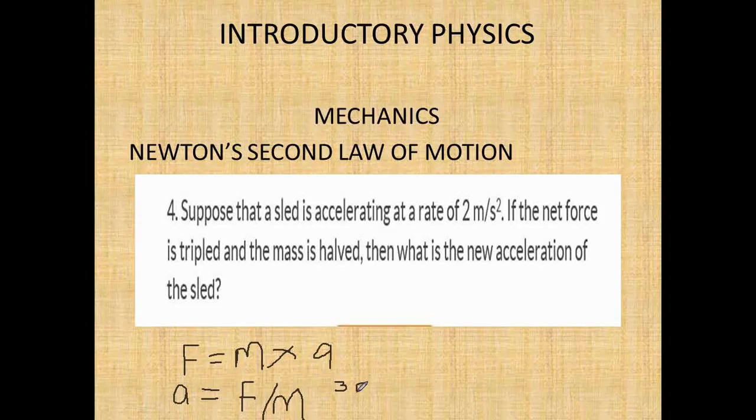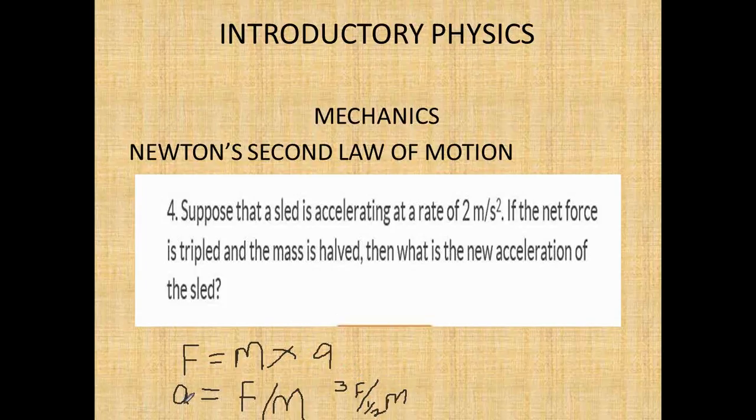All right, so you triple the force. Whatever it was, you multiply by 3. And then the mass is halved. So the mass now is half, a half times whatever the mass was.